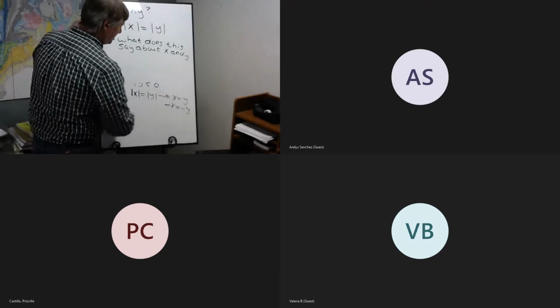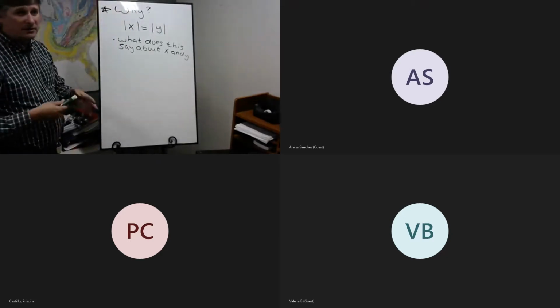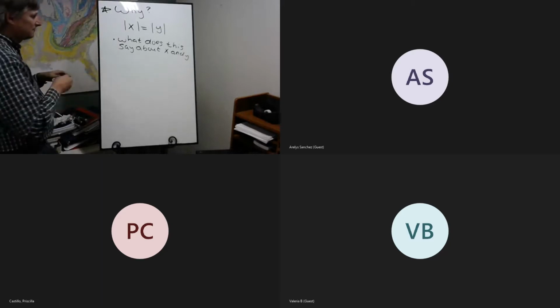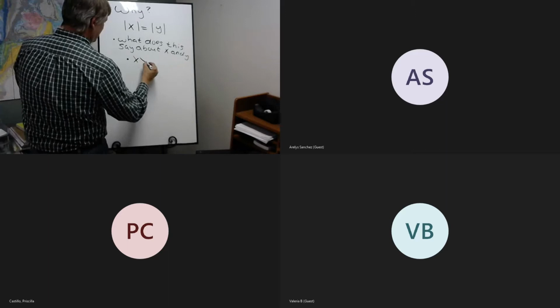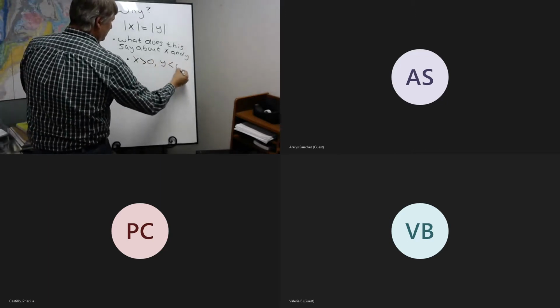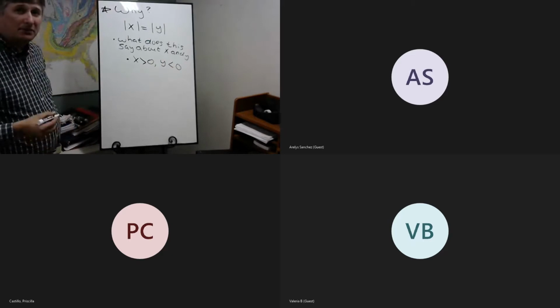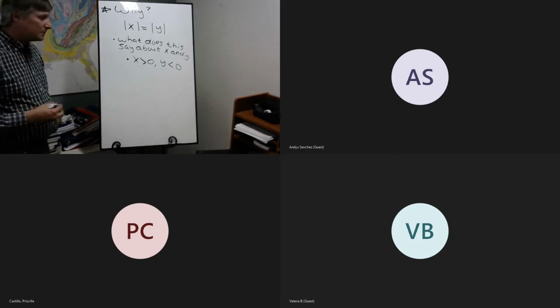We could have this though. And this is why I use x and y instead of negative x. x could be greater than 0, and y could be less than 0. So what does this mean?